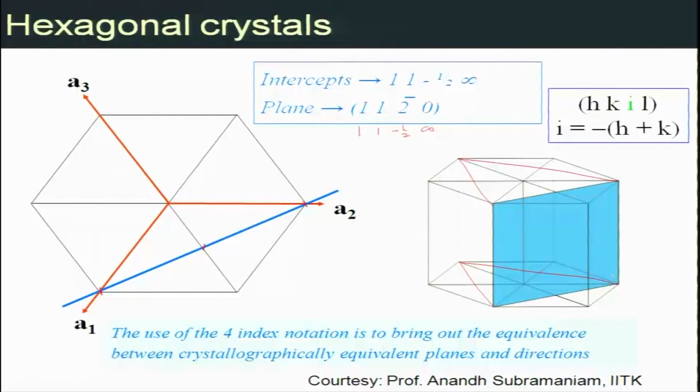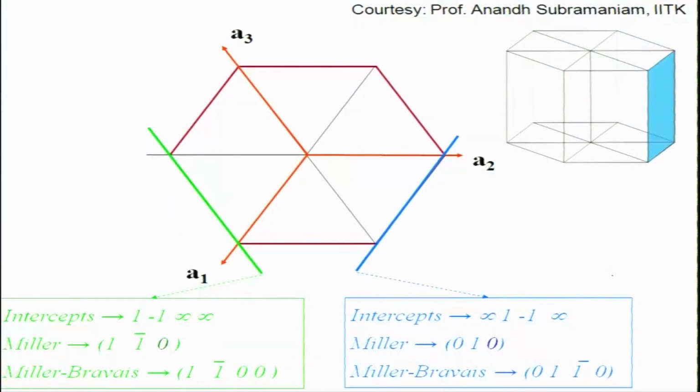Okay. So now this is the one I showed you, the 1 0 0 plane example. So these planes are identical. This plane, that plane, they are identical. They look different in the 3 indices system, but they look the same in the 4 indices system.